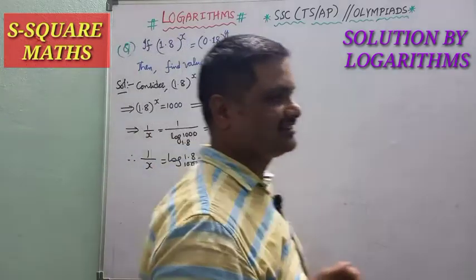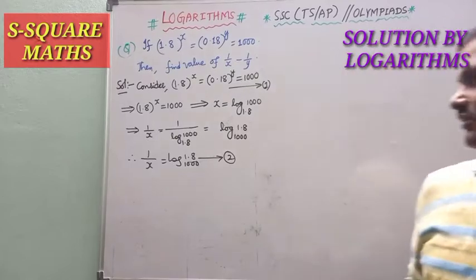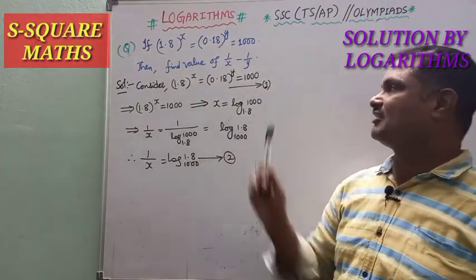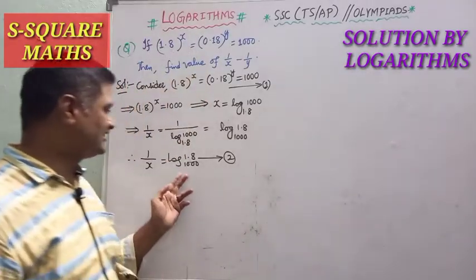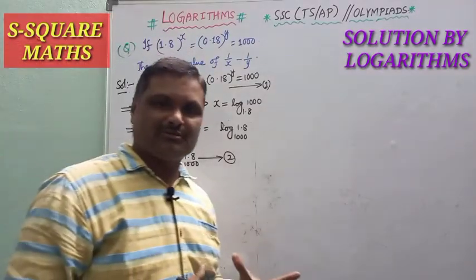So first is completed, this is the second equation. By taking this part, 1.8 whole power x is equal to 1000, I got the result for 1 by x in this way with finite mathematical steps.